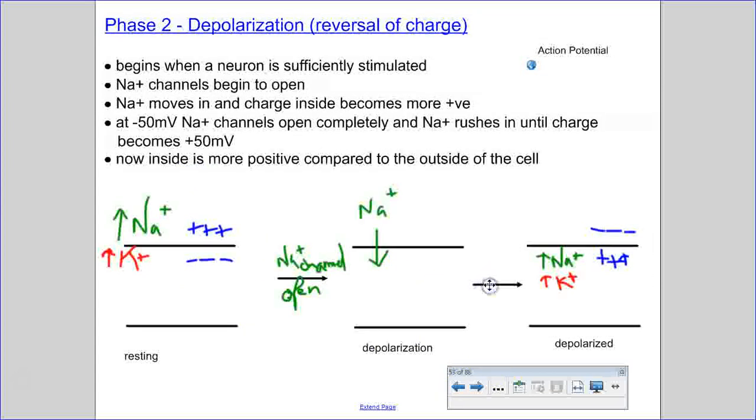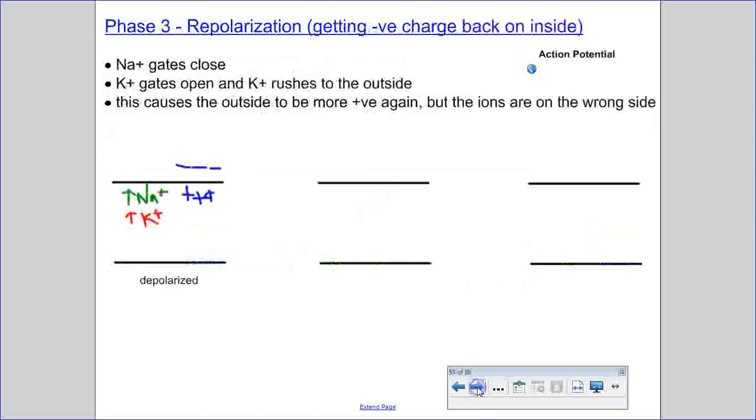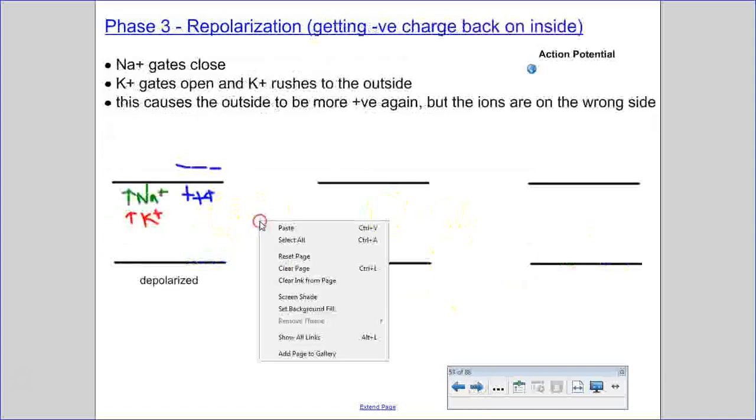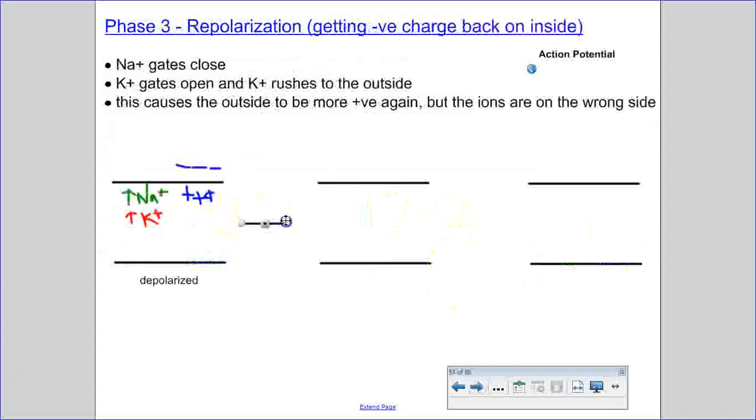Now, we've seen that in order for the neuron to fire, in order for it to have the message, it has to be positive on the outside, negative on the inside.